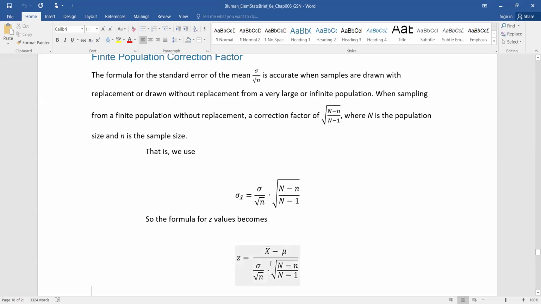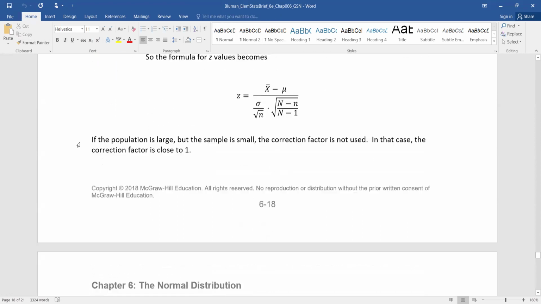We have a gigantic formula when dealing with a finite population. So it's the sample mean minus the population mean, divided by the population standard deviation over the square root of the sample size, times the square root of population size minus sample size over population size minus 1. I know that sounds like a lot, but once you have all the information, you just plug it in and work it out.